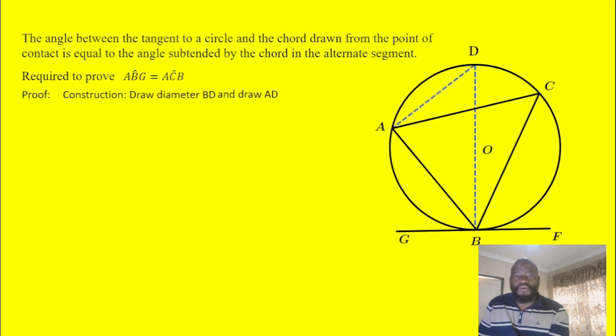and then draw AD. So then we can first make this statement that says OBG is 90 degrees. This is 90 degrees here because the radius is always perpendicular to the tangent at the point of contact.